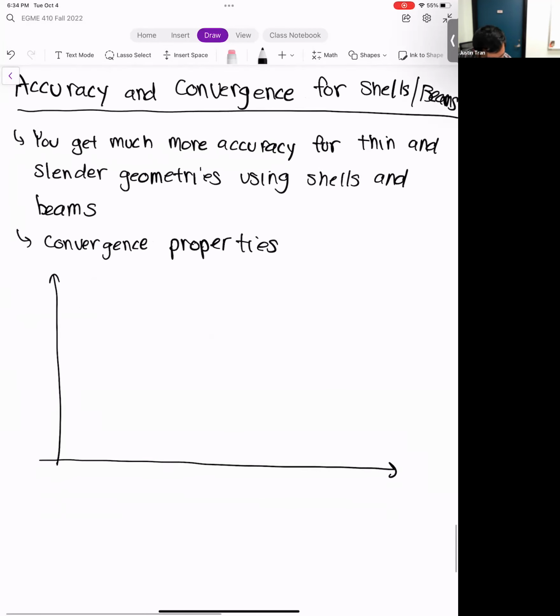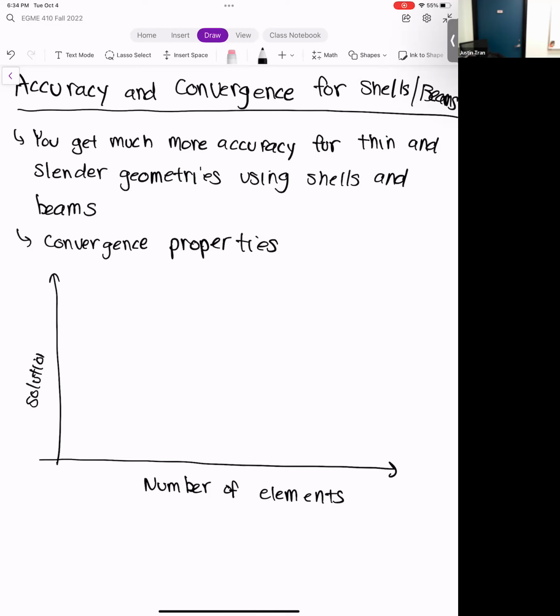So we can go ahead and draw a graph here. On the x-axis, we're going to list out the number of elements, and on the y-axis, we're going to list the solution value.